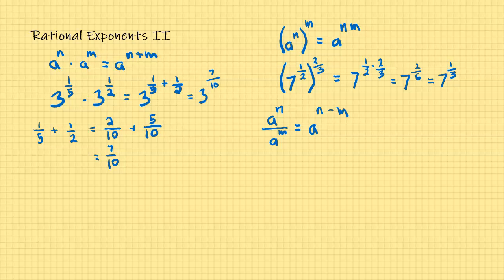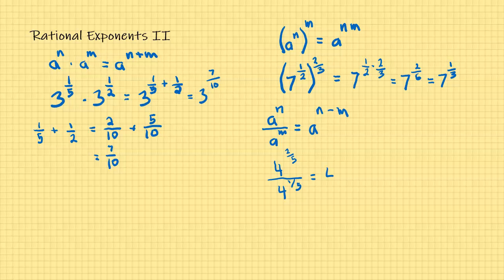Let's simplify this expression right here. 4 to the 2/5 over 4 to the 1/5 power. Well, we have the same base. Each base is 4. We're going to subtract the exponents.